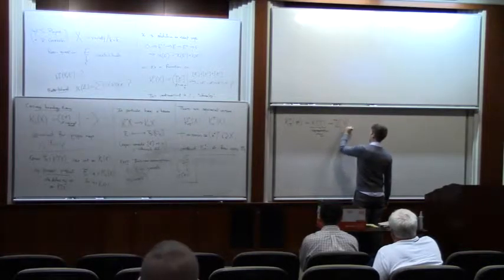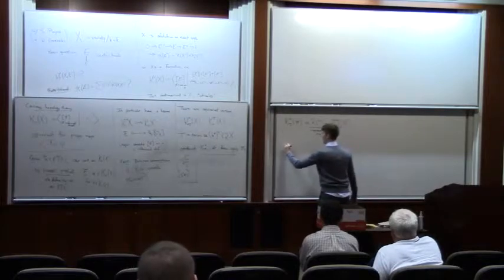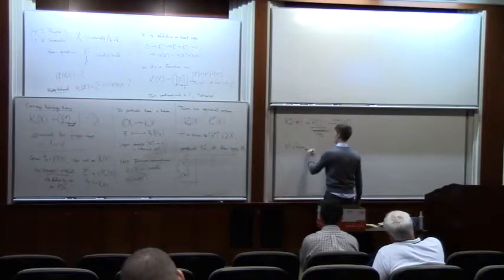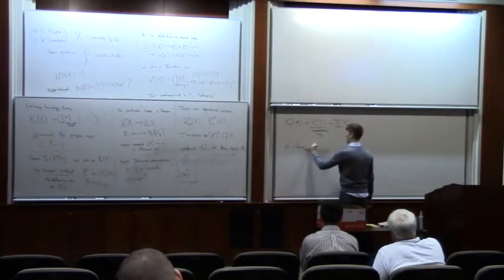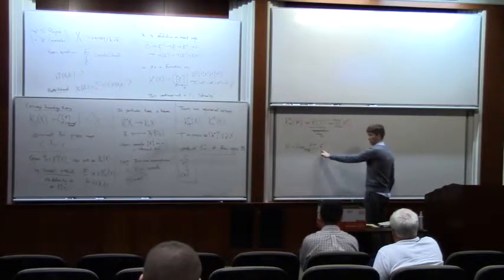And since I'll use this notation, I'm going to write it out. So here M is the group of all homomorphisms, algebraic group homomorphisms from T down to the multiplicative group.